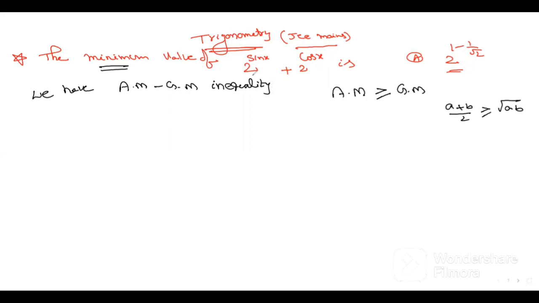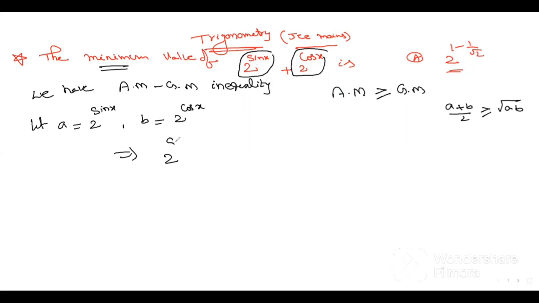Now we take 2 to the power sin x plus 2 to the power cos x. Let us take A is equal to 2 to the power sin x, B is equal to 2 to the power cos x. Now we apply this formula. What do we get here? (2 to the power sin x plus 2 to the power cos x) divided by 2 should be greater than or equal to root under 2 to the power sin x into 2 to the power cos x.